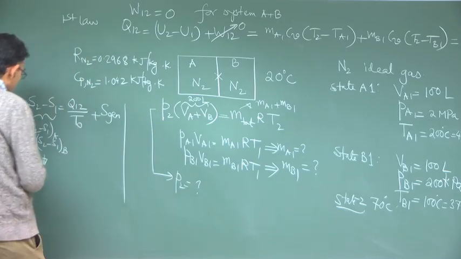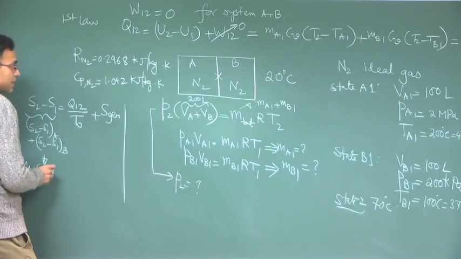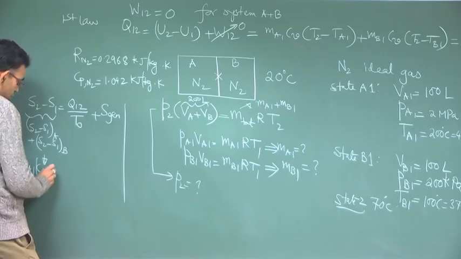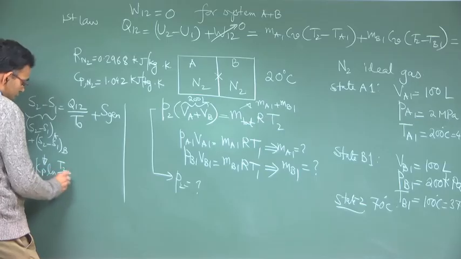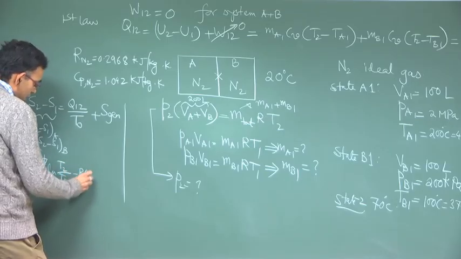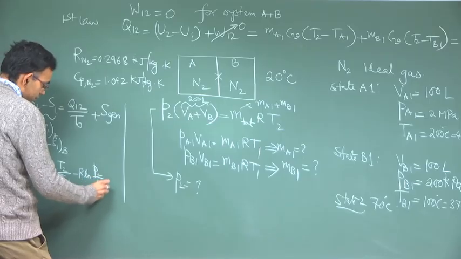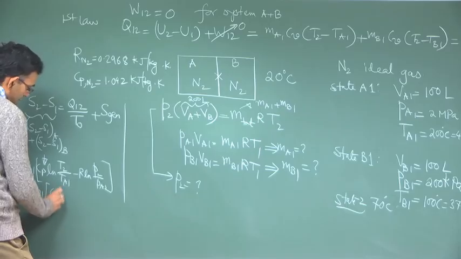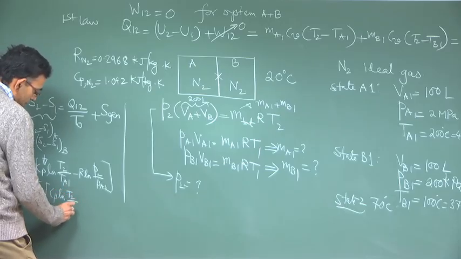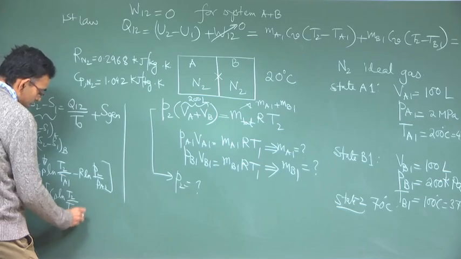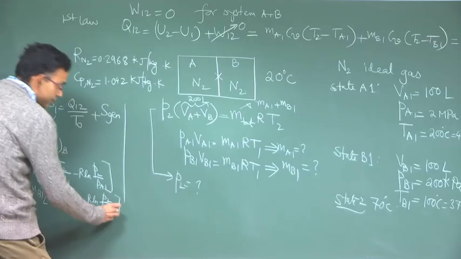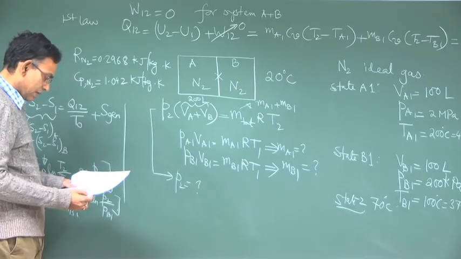If we are calculating it on a pressure basis, then Cp into ln T2 by Ta1 minus R ln P2 by Pa1 plus Mb1 Cp ln T2 by Tb1 minus R ln P2 by Pb1, right.